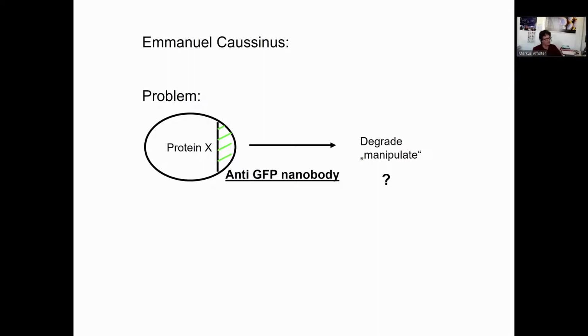Is it diluted through cell division? Is it made again? How does it work? So we usually use GFP anyhow. But if we now have a nanobody that recognizes GFP, we could grab this fluorescent protein. And then maybe the limitation is the mind. Here you can think about what you want to do with it.